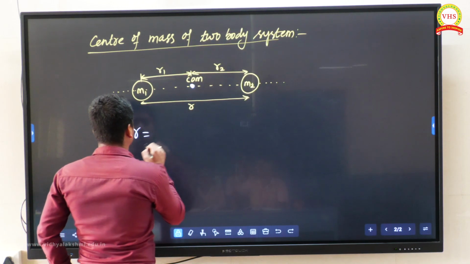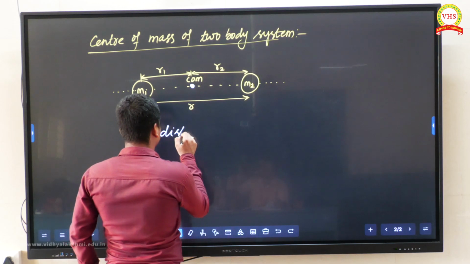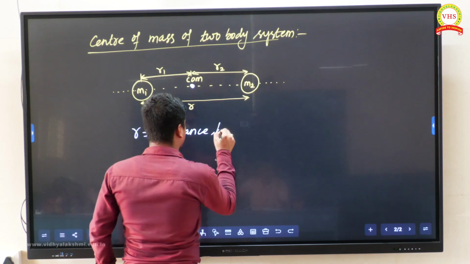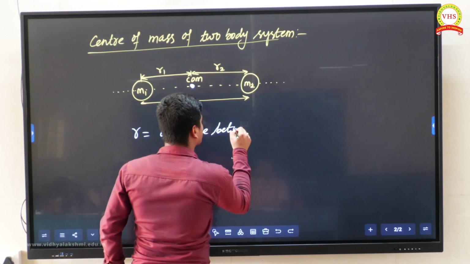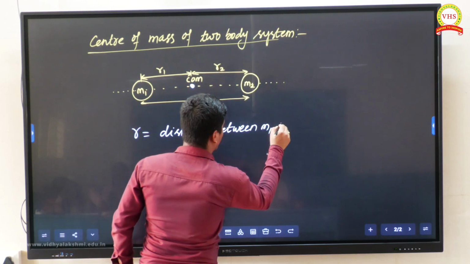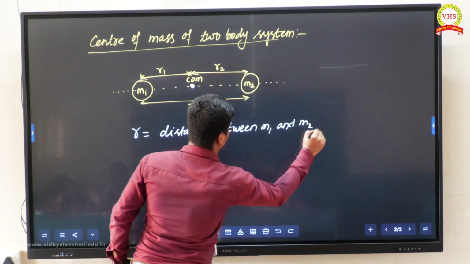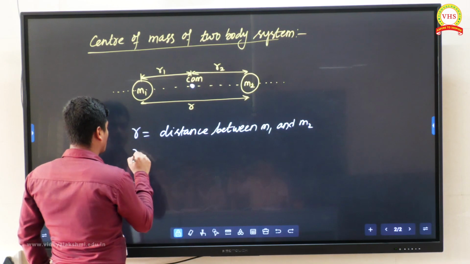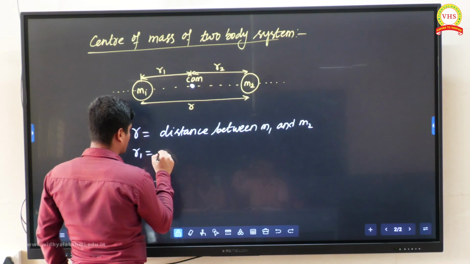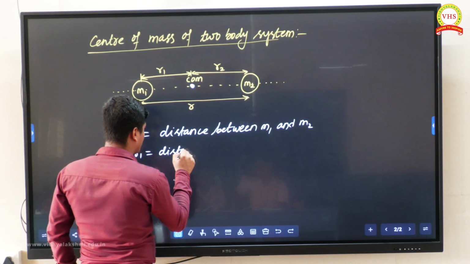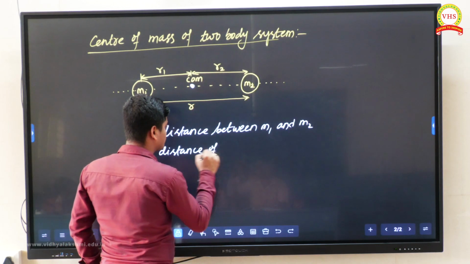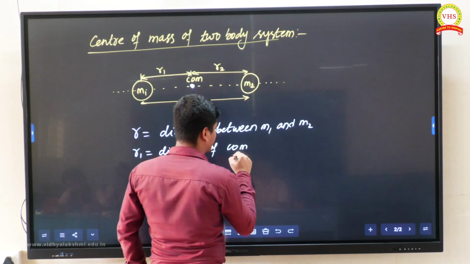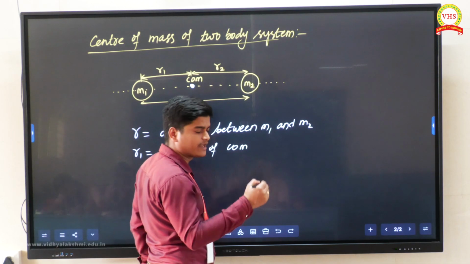Write first, R. So R is basically the distance between M1 and M2. Now what is R1? R1 is the distance of M1 from the center of mass. Center of mass, in short I am writing COM, no worries. Okay, write it.